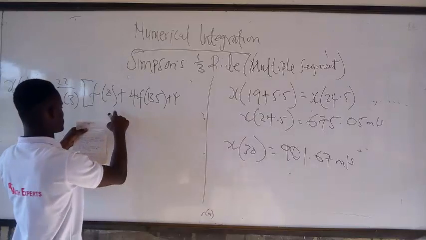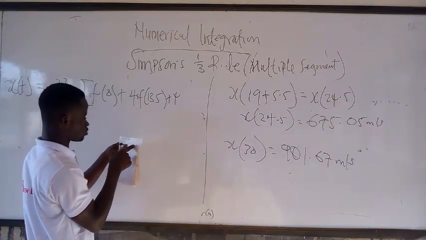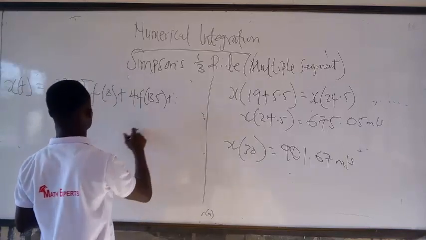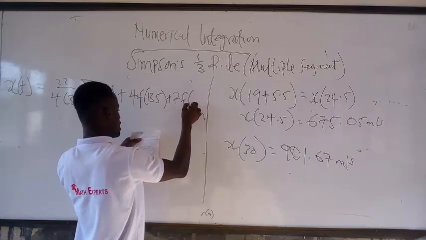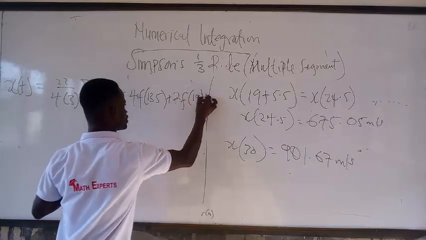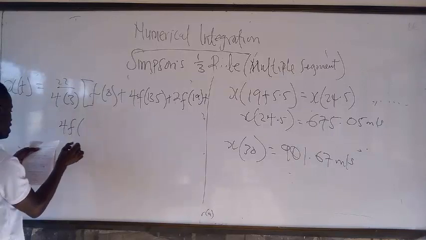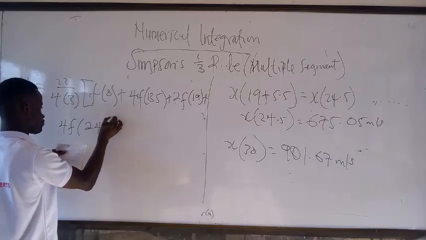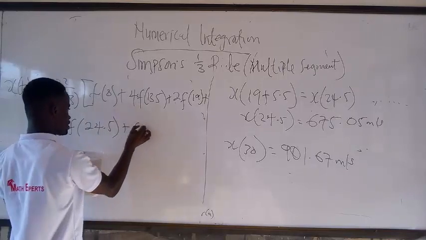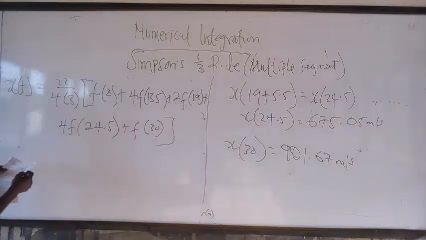Okay, so now 2 f of 19 plus 4 f of 24.5 plus f of 30, and that is that.